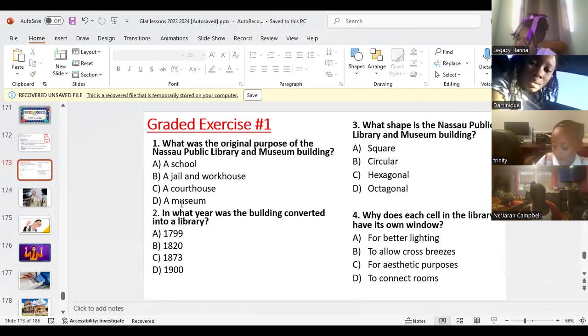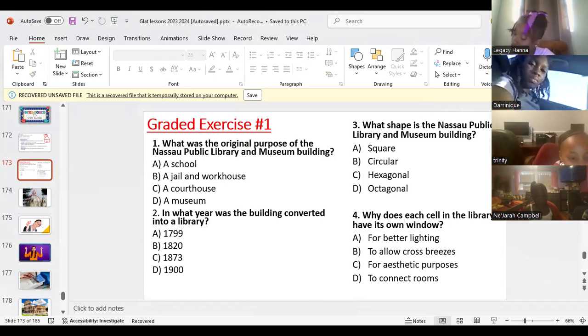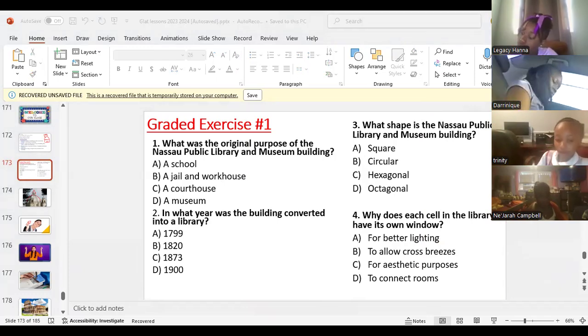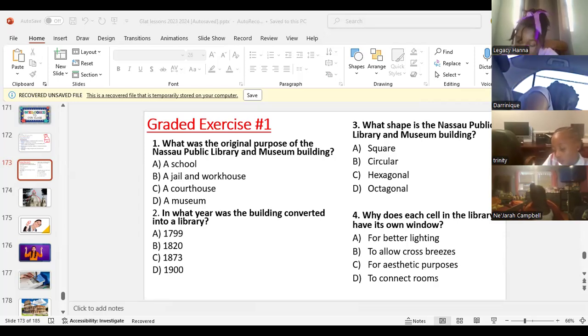No, write down the options as well. So let me put the passage in the chat. And you're writing down the questions as well. Everything on the screen you have to write.